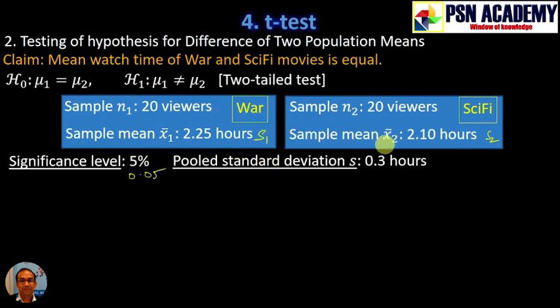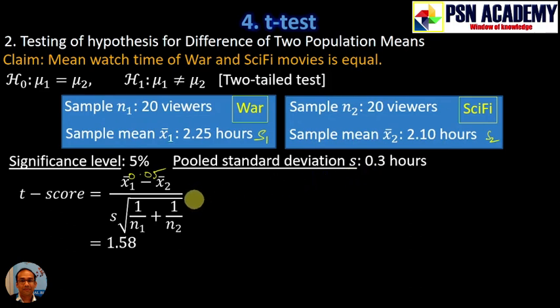That means this S1 and S2 is clubbed together to form this pooled standard deviation, and that we found as 0.3 hours. Now this is our test score and a t-score, and this is x1 bar minus x2 bar by this, and we find that 1.58 is our t-score for these two samples.